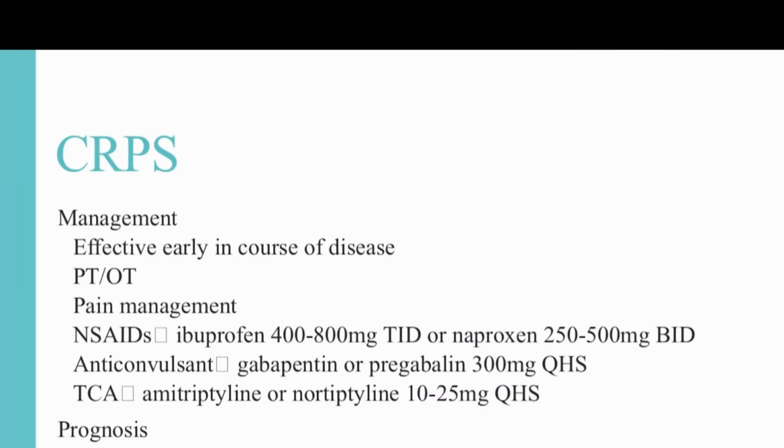Management: with everything in neuro, the earlier the better. Obviously, they need PT/OT, pain management, NSAIDs, you give ibuprofen or naproxen, that will help. Anticonvulsants, gabapentin, here are your neuropathic pain inhibitors. TCAs can also help with nerve pain as well.